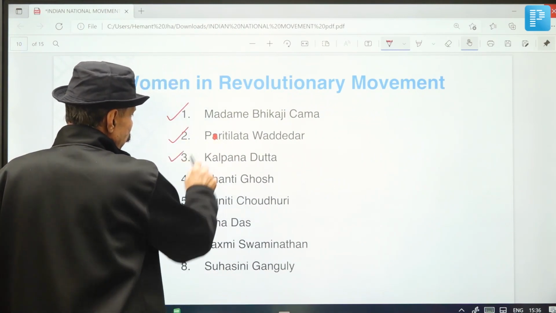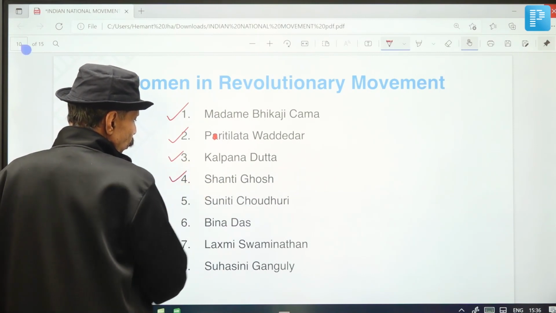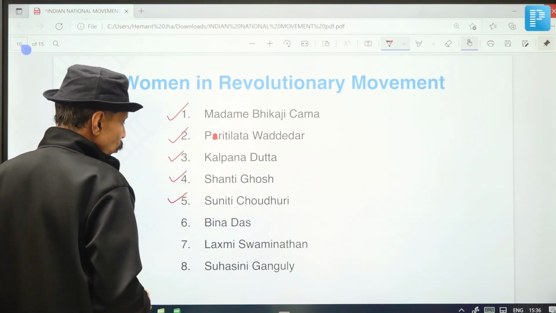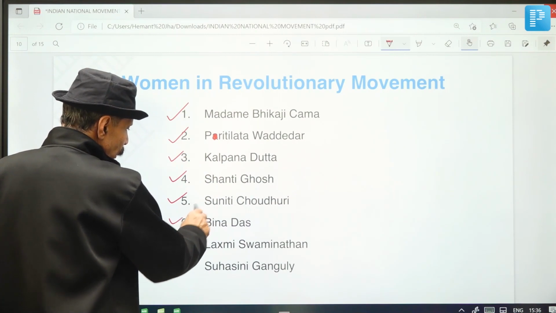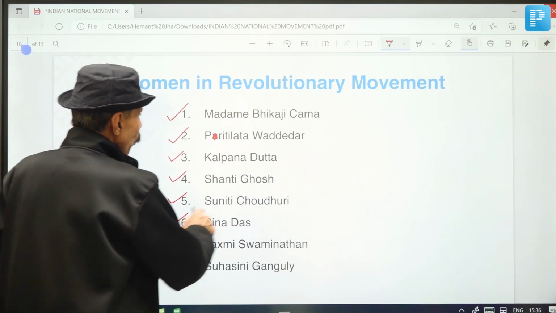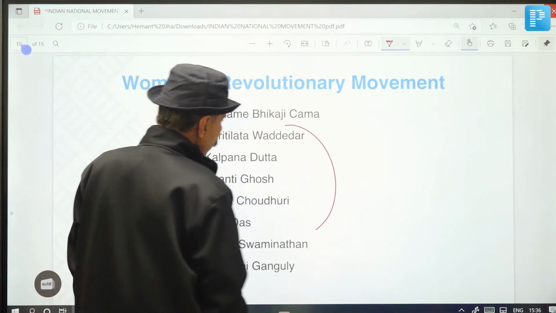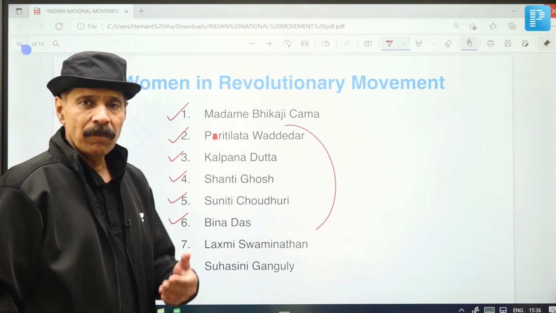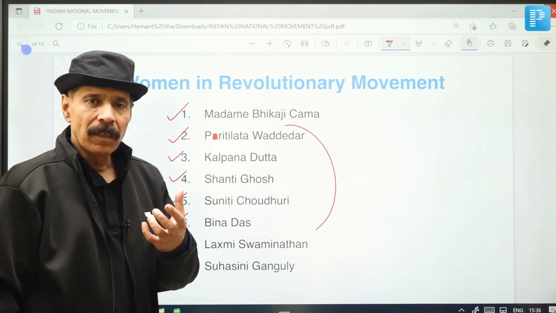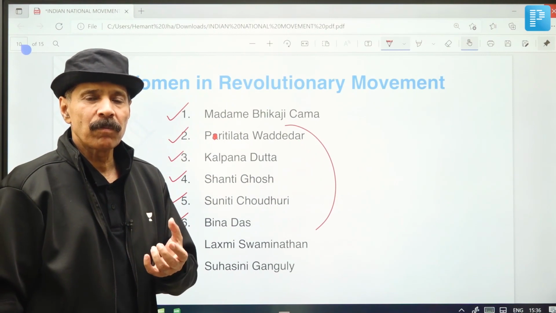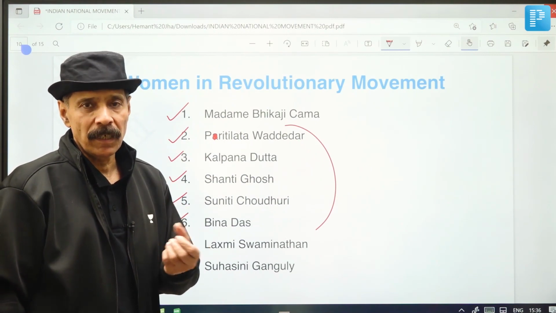Third, Kalpana Dutt. Fourth, Shanti Ghosh. 5, Suniti Chaudhury. 6, Bina Das. And they were all associated with the second phase, mainly with the revolutionary group headed by Surya Sen in Bengal.